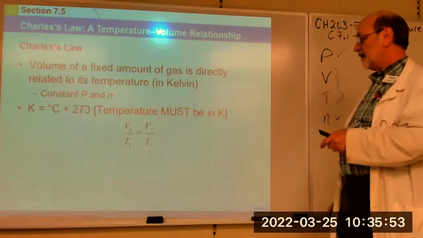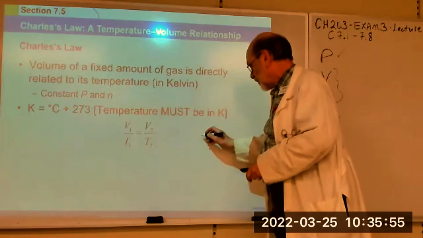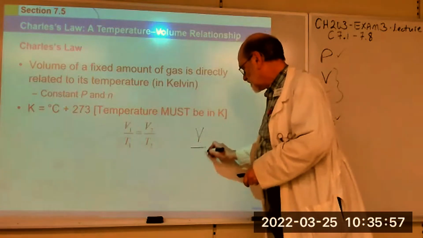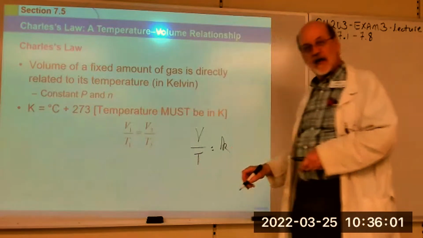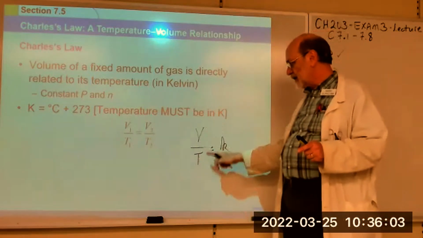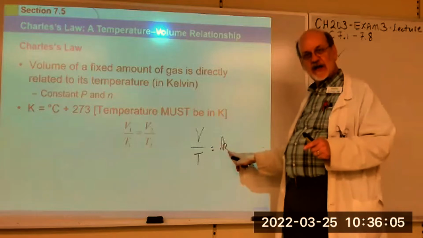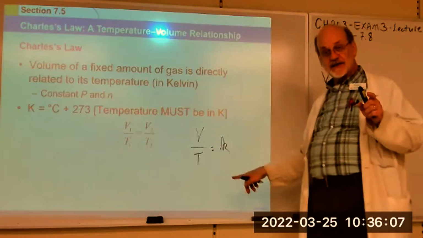When he did, what he found was that the relationship of volume to temperature, the quotient of volume to temperature, is a constant. So what does that tell us?